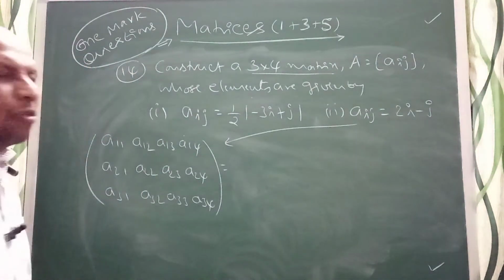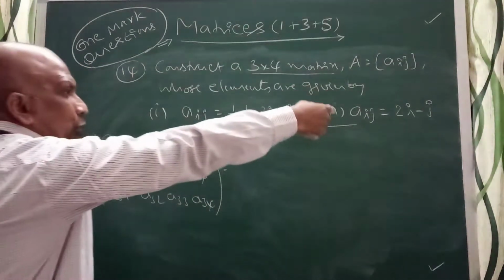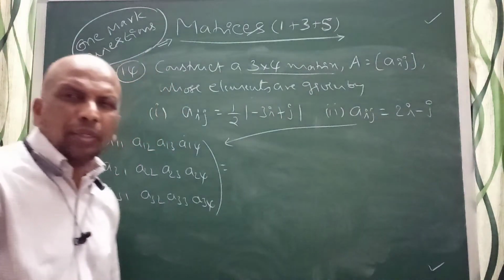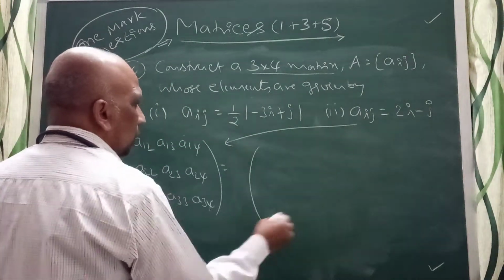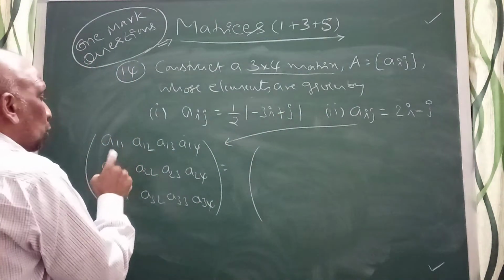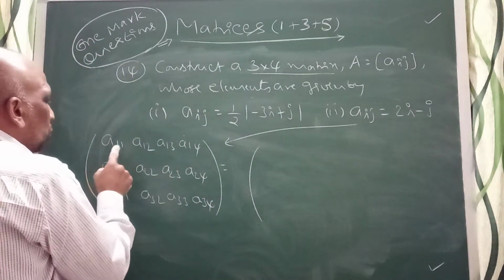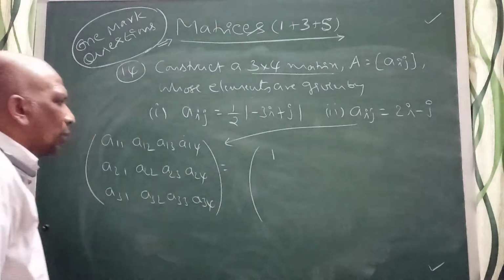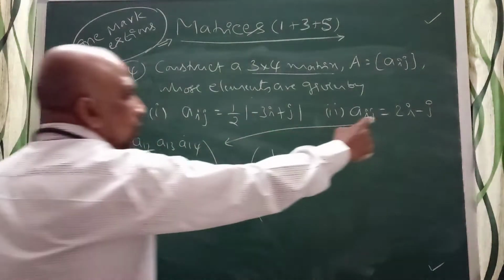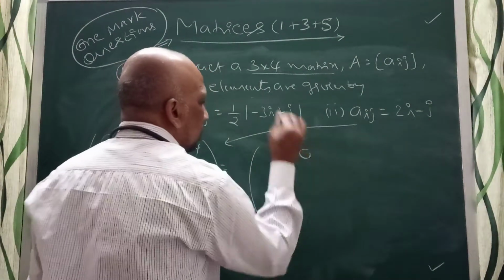Same thing, the order will be the same, right? They are asking 3 by 4. I completed this one. Here a_ij, and we substitute the values into 2i minus j. If I take 2i minus j, you will get 2 minus 1. It will be 1. 1, 2, so 2 minus 2, 0.